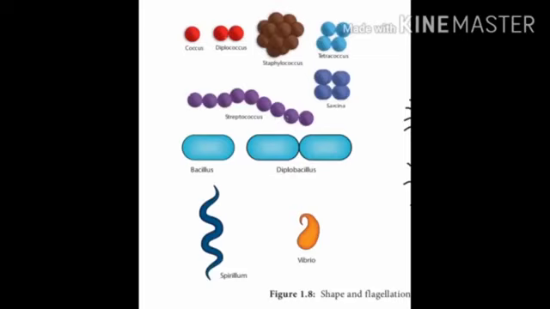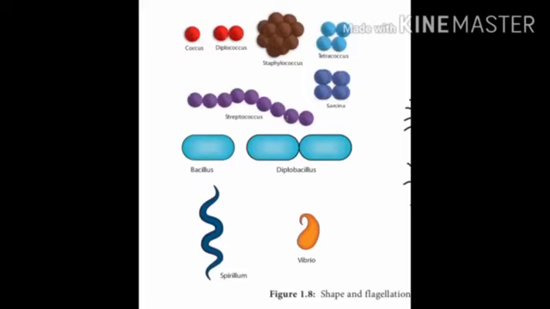So we call the spherical circle ones as coccus, rod one as bacillus, and spring shaped as spirillum, that green color thing you can find, like a spring. And the last one we call it as the comma shape, vibrio. So 4 shapes: coccus, bacillus, spirillum, and vibrio. So these are the basic shapes you must be able to draw.